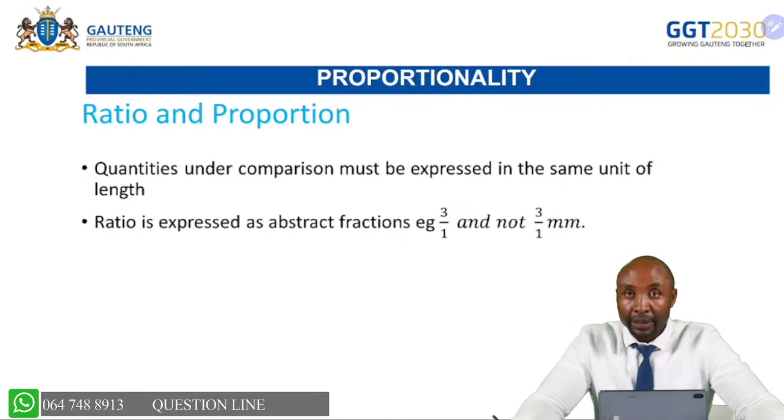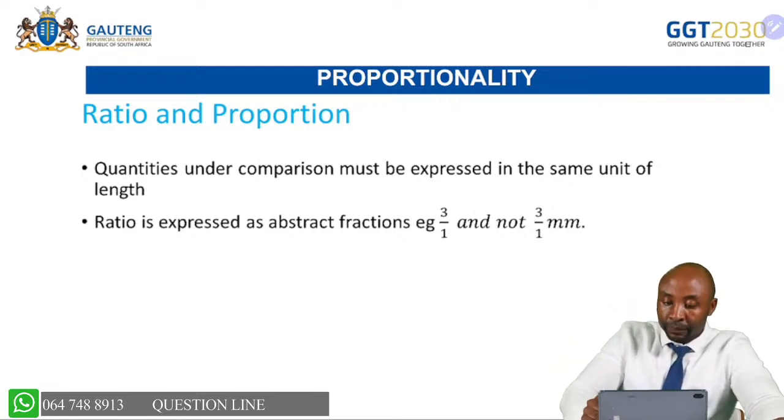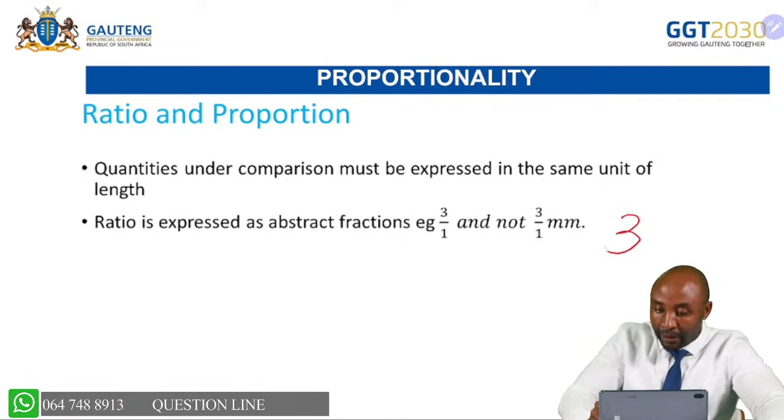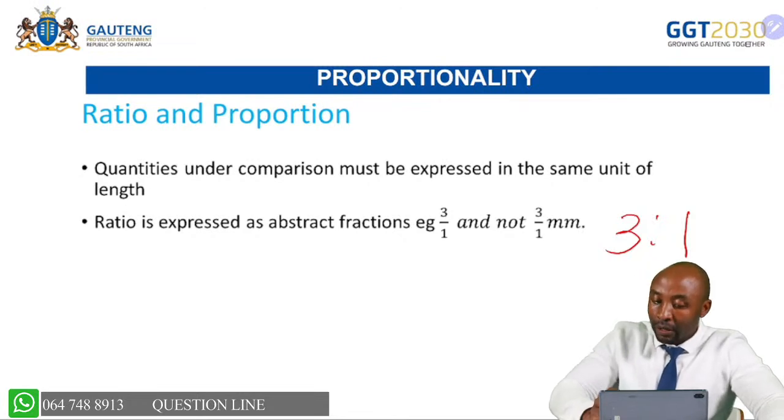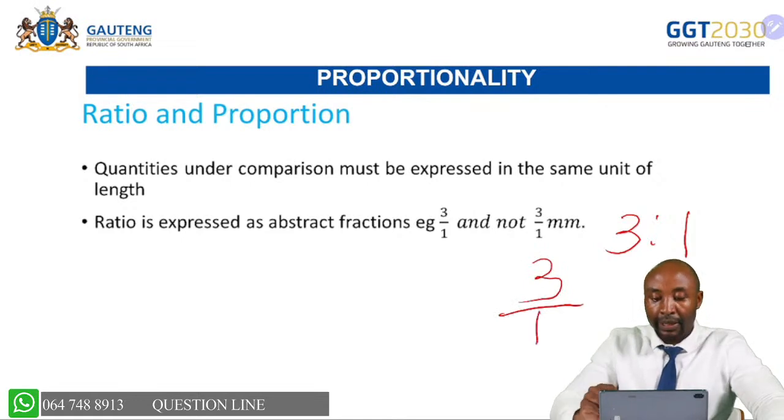We can be given a ratio of 3/1, or we can be given a ratio 3:2. For example, we can use 3:1. That's another way of expressing our ratio. Or, as given in the example, we are given a ratio as 3/1 like that.